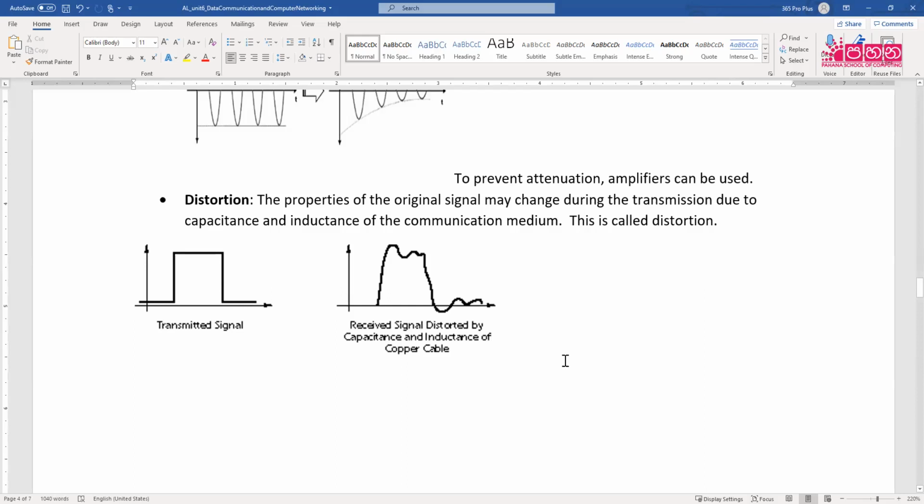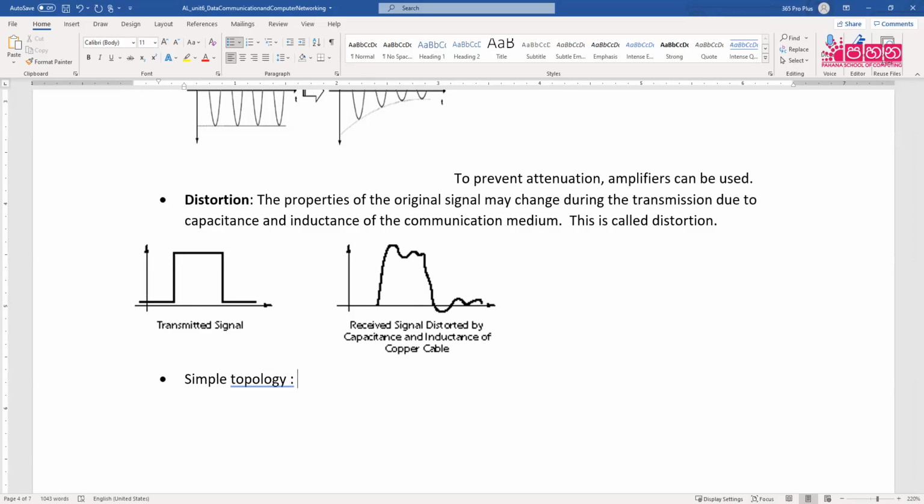So let's take that down also under another point. We will call it simple topology. Simple topology means simply you are connecting one computer to another, or maybe one switch to another switch, or a computer to a switch.